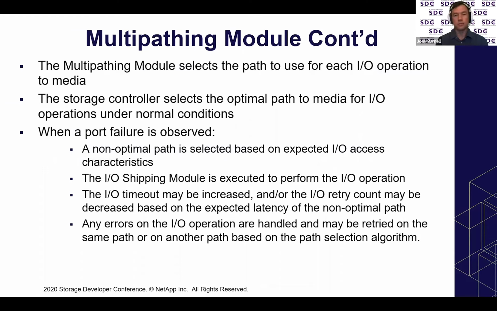You also probably want to decrease your I/O retry count, because if in an optimal case you would retry an I/O 5 times with a 100 millisecond timeout, you wouldn't want to retry 5 times with a 1 second timeout, because you're increasing the overall timeout time back to the application. So the timeout and retry count need to be tuned. You probably want those two combined to take as long as it would have taken before in an optimal case. So for example, if you were doing 5 for 100 milliseconds, you might want to do 2 for 250 milliseconds or something like that.